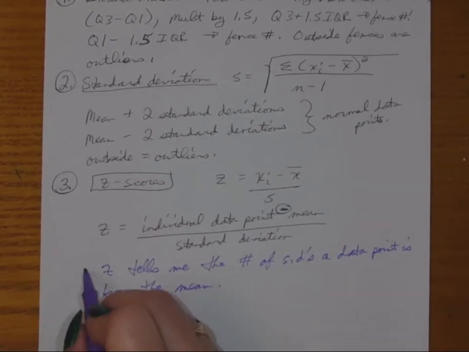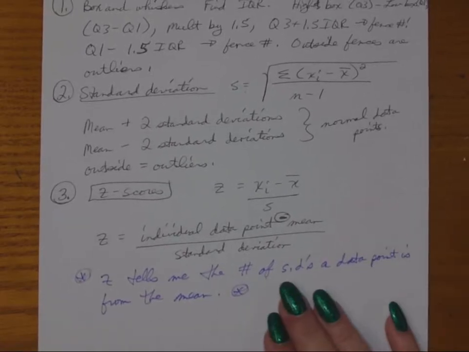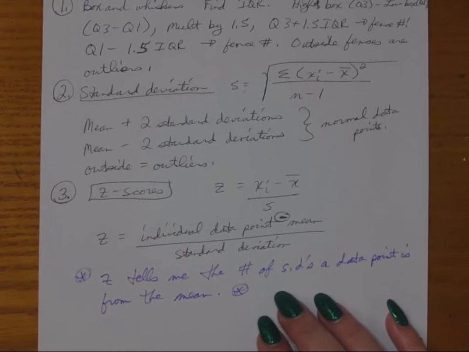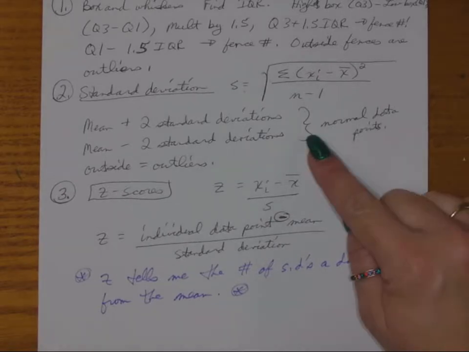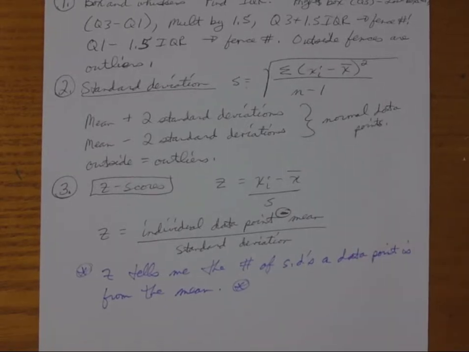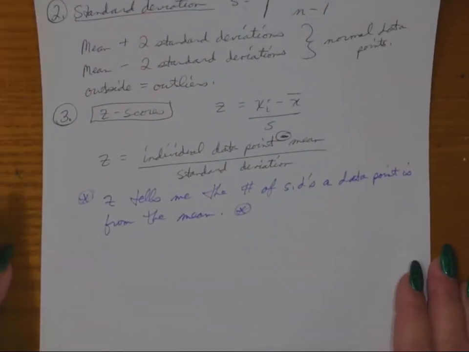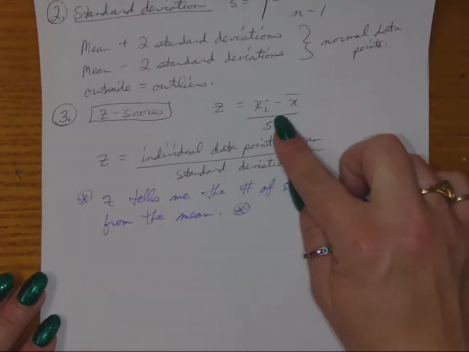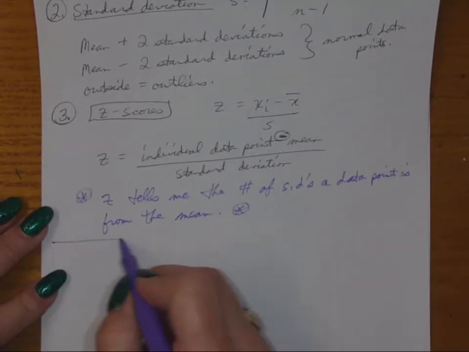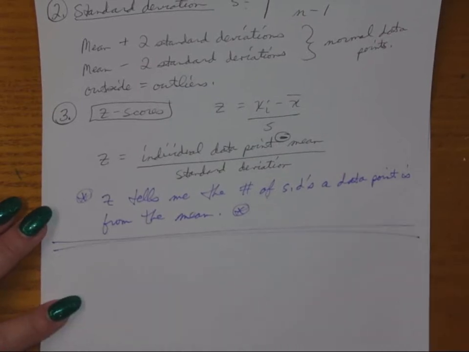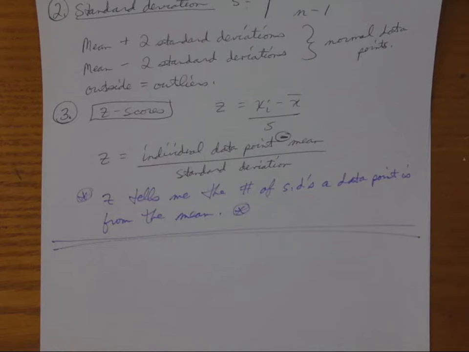Why do we care? Because if we find out that it's 2.5 standard deviations away from the mean, then I can use the idea from number 2 and say, look, it's bigger than 2 standard deviations away from the mean. It's an outlier. But this actually gives me a number value that tells me how many standard deviations, because I'm doing this ratio, this comparison to the standard deviation. Like I said, a lot of these problems will tell me the standard deviation, because the point of the problem is not to find the standard deviation, it's to use it.